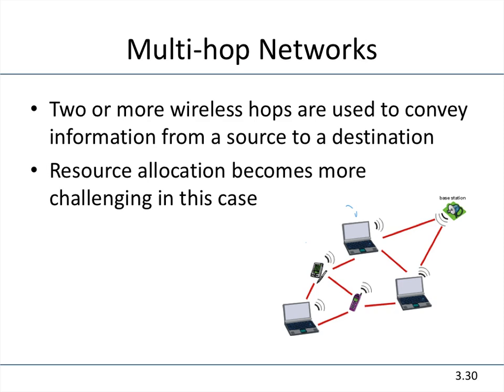The other issue is this motivational example. If we have a network like this, a wired network, and imagine that this link has a maximum rate R, and this link has a maximum rate R. What is the maximum traffic rate between this source and this destination?